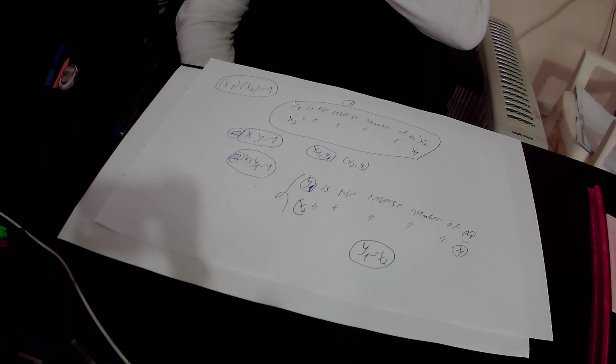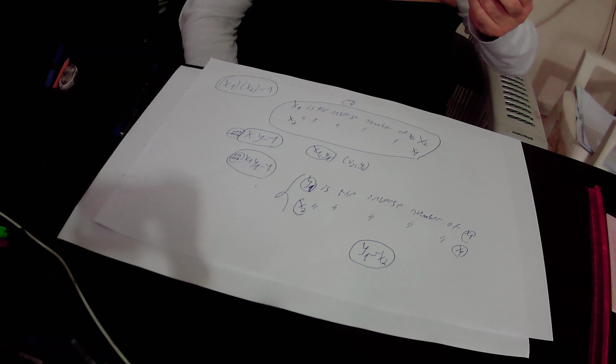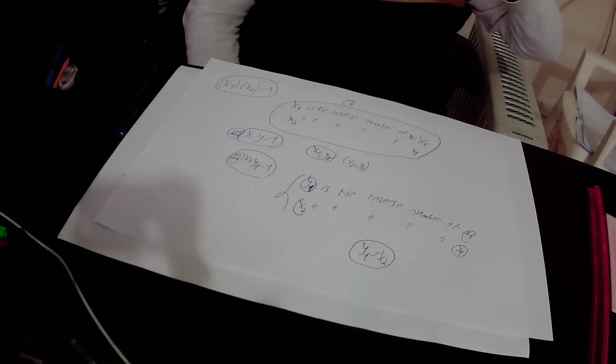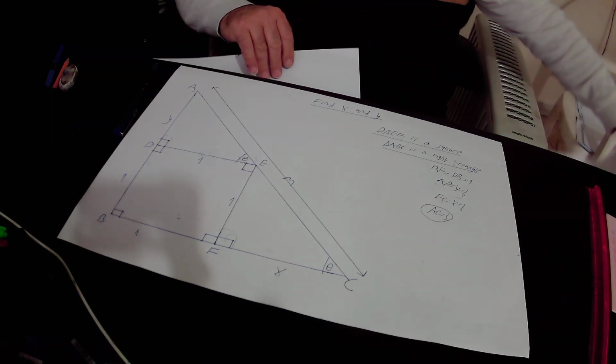So we have two numbers that are the inverse number of x1, but x1 can have only one inverse number. And because of that, we must conclude that y1 equals x2.